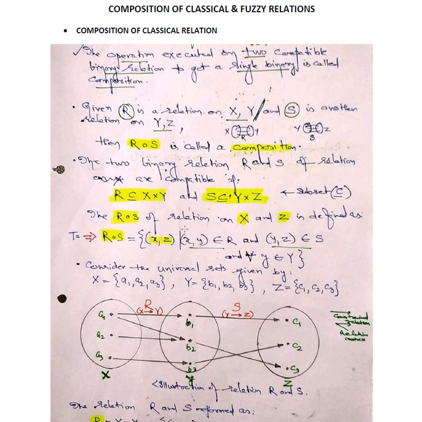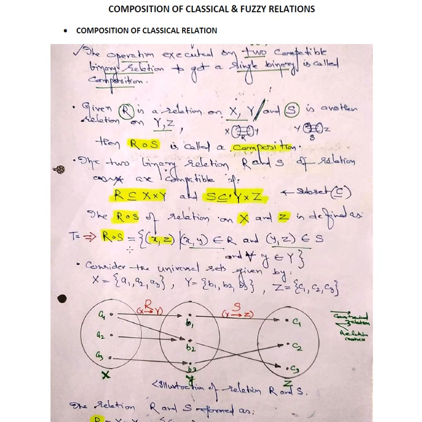So R composition S is a relation of X cross Z. When you take these two relations, it is the relation between X and Z, where Y is the hidden element. So the composition T is nothing but R composition S, which is equal to the set of pairs (x, z) such that (x, y) belongs to R and (y, z) belongs to S, for all y belonging to Y. Y is here also, and Y is here also.